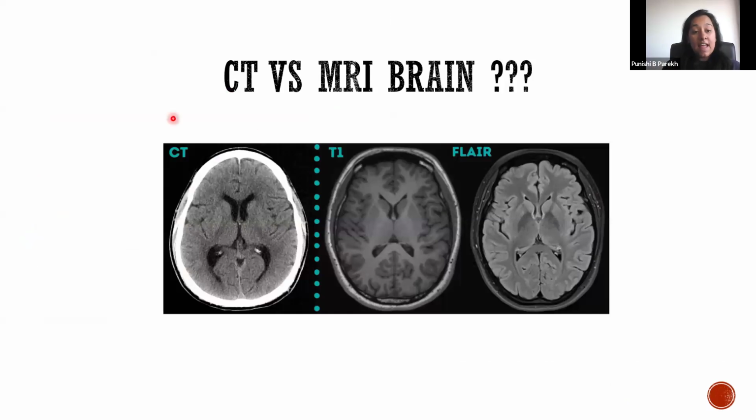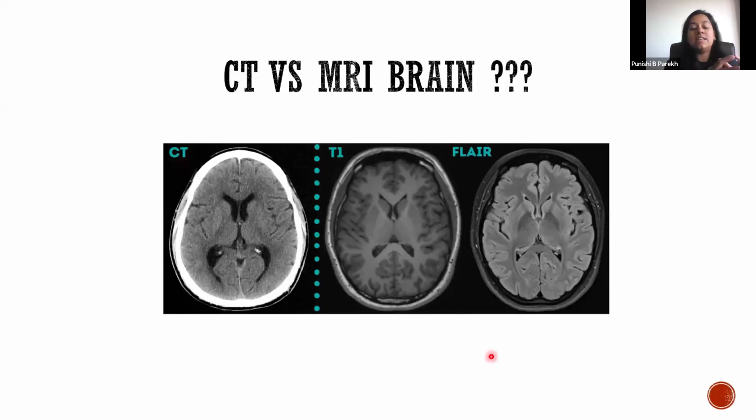On the left is an image of the CT. You can see the skull or the bony structure is predominantly bright white in color. Whereas on the right, these are two different sequences of MRI, T1 and FLAIR. The bone is not as prominent as it is in the CT.